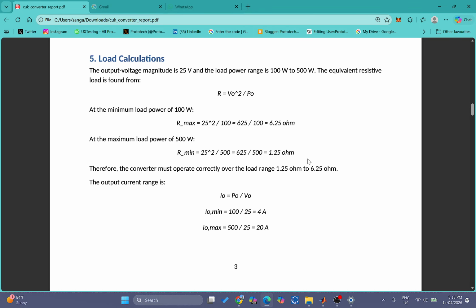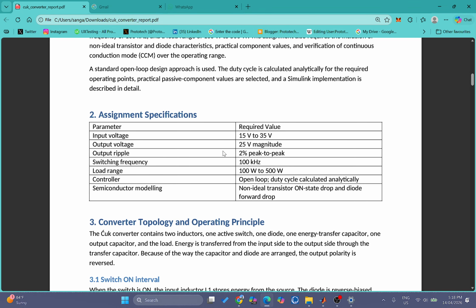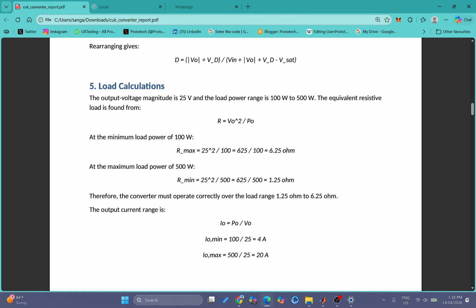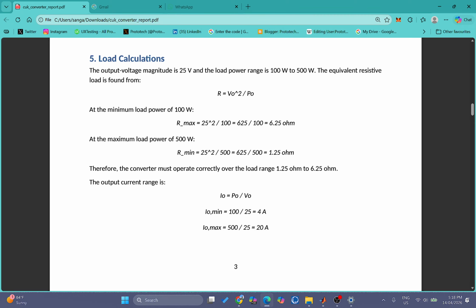Now the load calculation, we have 100 watt to 500 watt. We want our load to be in resistance. We are going to simplify the load and not use the load function. Instead we will use a series resistor as a load.